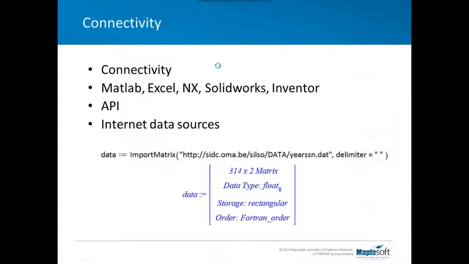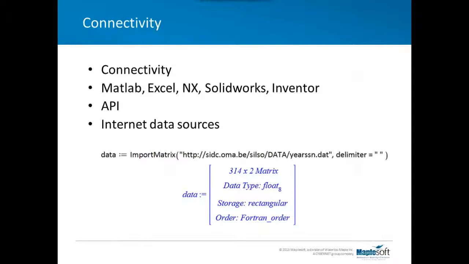Maple also talks to other tools and data sources. Now, at its simplest level, you can simply import data from an Excel spreadsheet or a CSV file, but at a far deeper level, you can communicate with MATLAB. So, for example, if you have MATLAB and Maple on your computer, you can exchange information, equations, and data interactively between the two applications.